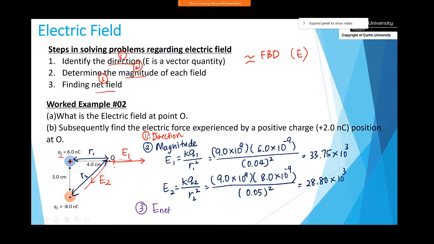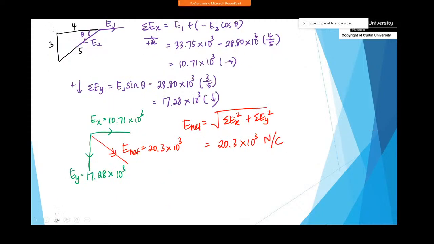Subsequently, find the electric force experienced by a positive charge 2 nanocoulomb position at O. So now I move a charge to here. What is the electric force?